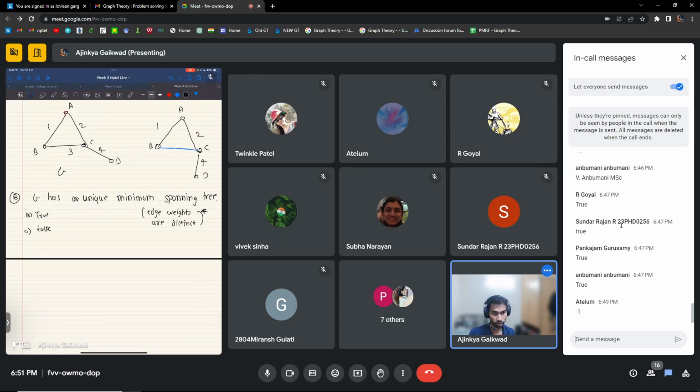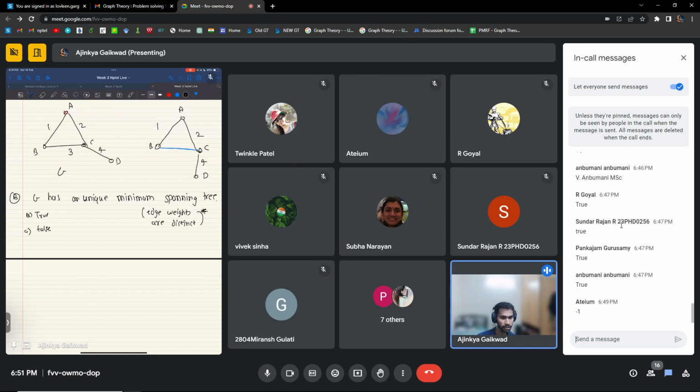There will be a unique minimum spanning tree, and I will prove it. Like he said, it could happen that I have two edges with weight 1 and 4, and two different edges with weight 2 and 3, and they form a minimum spanning tree. This will not happen, so let me prove it. Let me ask you a question.